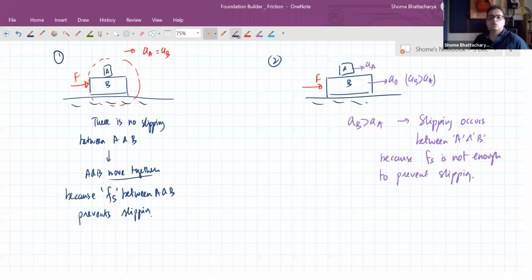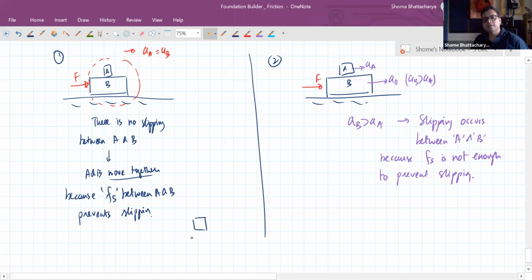Okay. So also further, if we understand in this case, the individual free body diagrams of the two blocks will be such that while we are applying a force like this on this, this will experience a static friction backwards. This will experience a static friction forward, and they will have the same value of acceleration. And static friction of less than or equal to mu n acts on it.